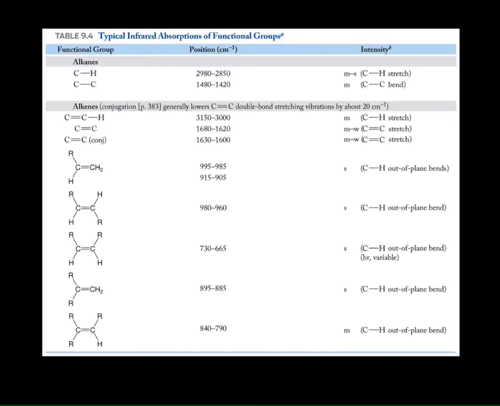There's also a carbon-carbon bond that we typically don't really look at because it's below that 1400 threshold, generally speaking. There are alkenes. If you know you have an alkene, you can actually get into the region between 1400 and 400 inverse centimeters that we call the fingerprint region, and you can figure out what kind of substitution pattern that alkene has.